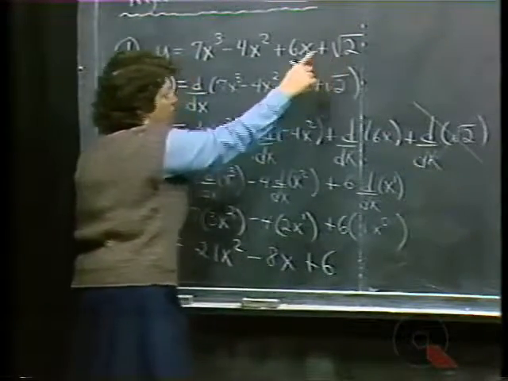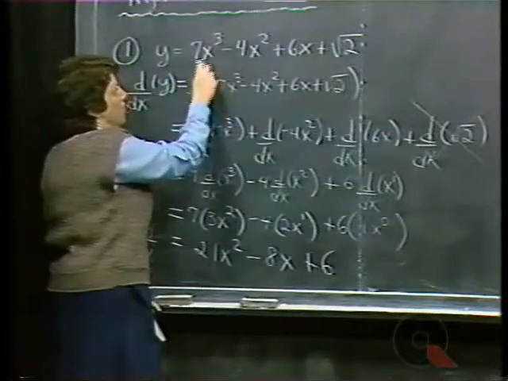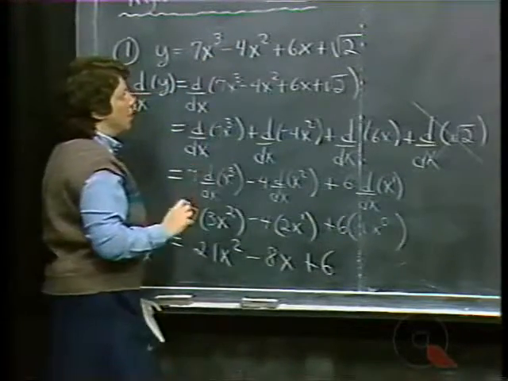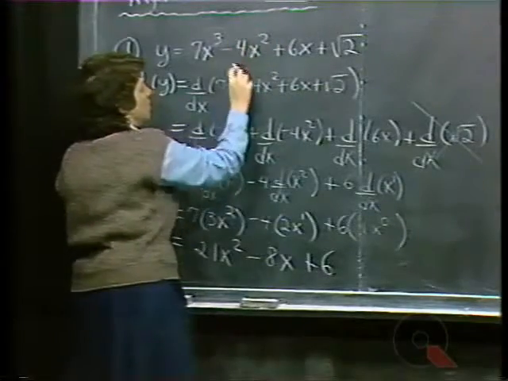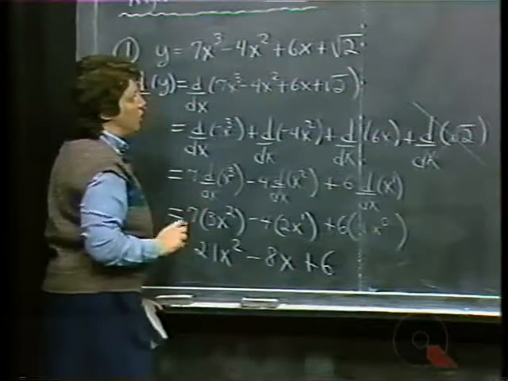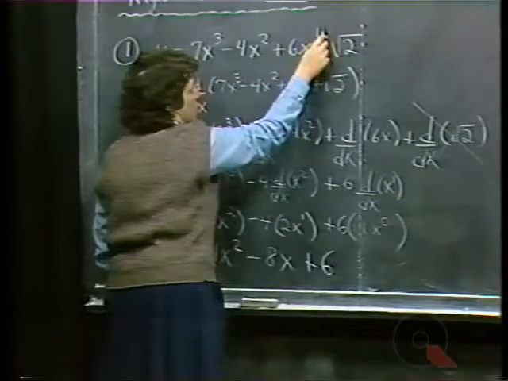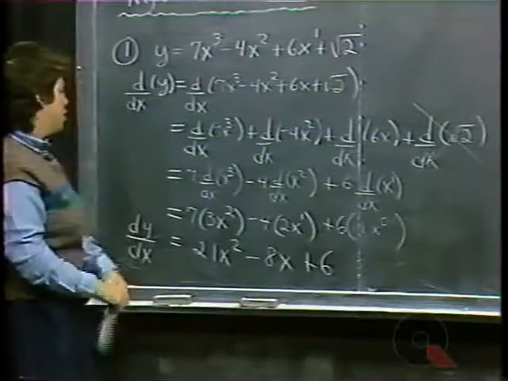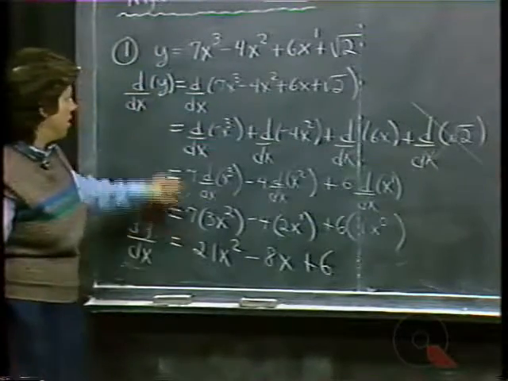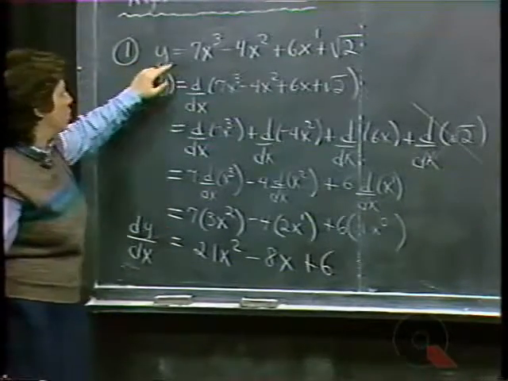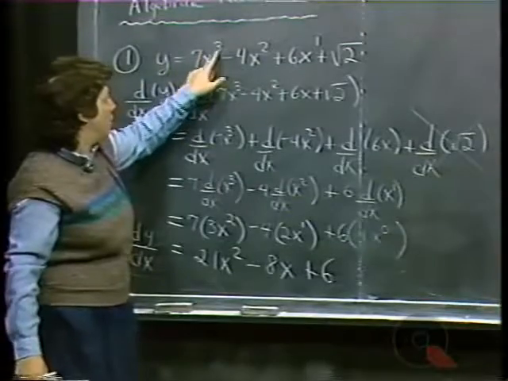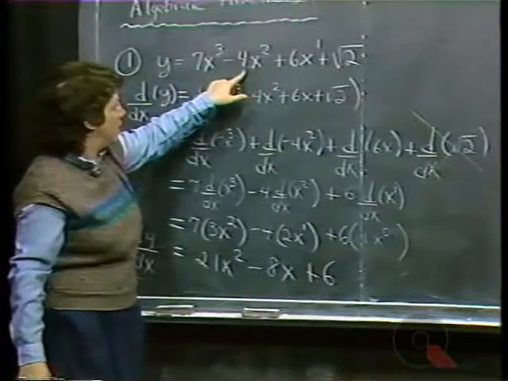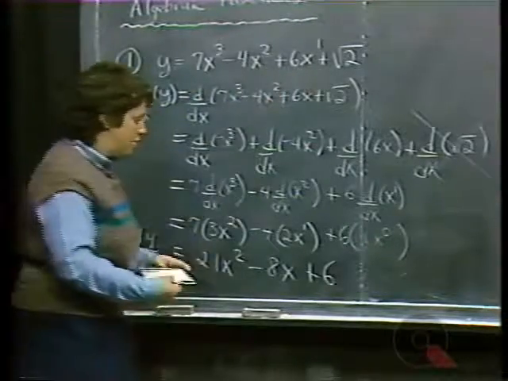The derivative of a constant is 0, and for these terms, the derivative will be the constant times the power, x to the 1 less power. The constant, which is 6, times the power 1, x to the 1 less power. So it's possible to go straight to the answer here. The derivative of y with respect to x will be constant times the power x to the 1 less power: 21x squared minus 8x plus 6. Let's write that down.